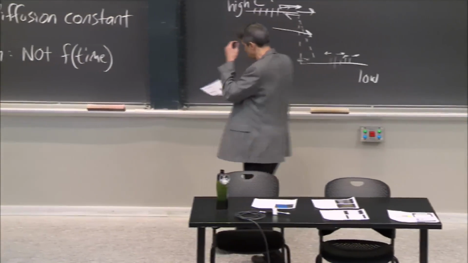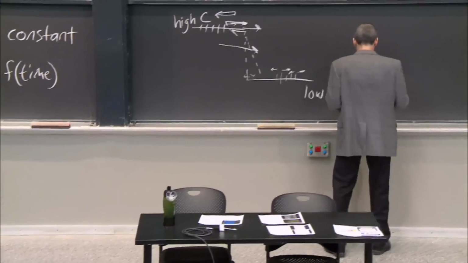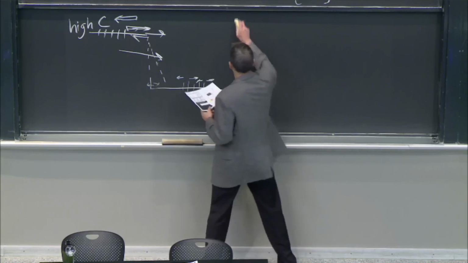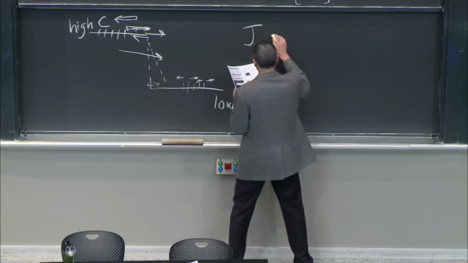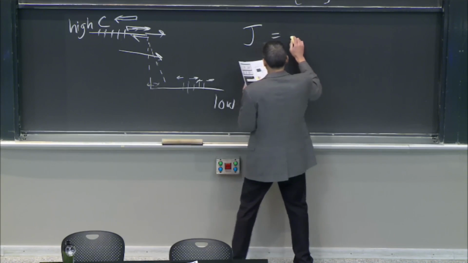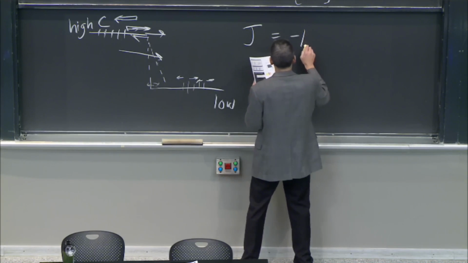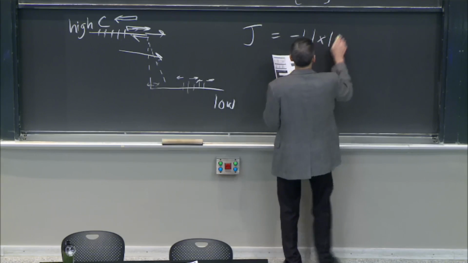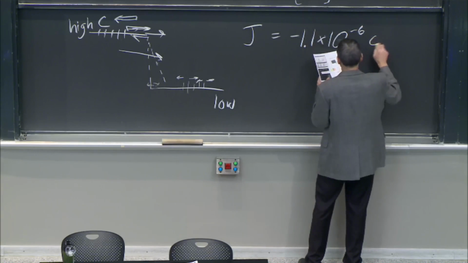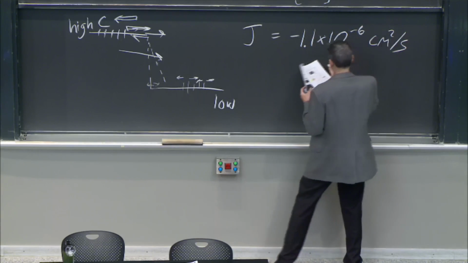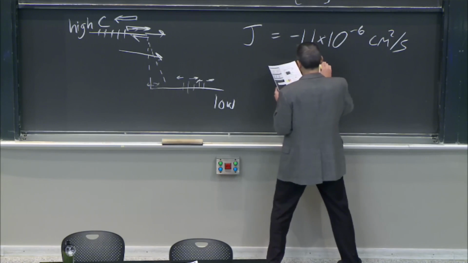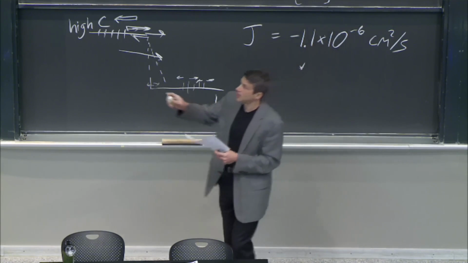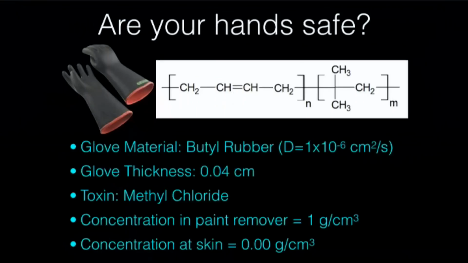Okay, well, let's answer the question. So now I've got my glove, and J is equal to minus 1.1 times 10 to the minus 6 centimeters squared per second, times, I started with 1 gram per centimeter cubed, and on the skin I've got 0.